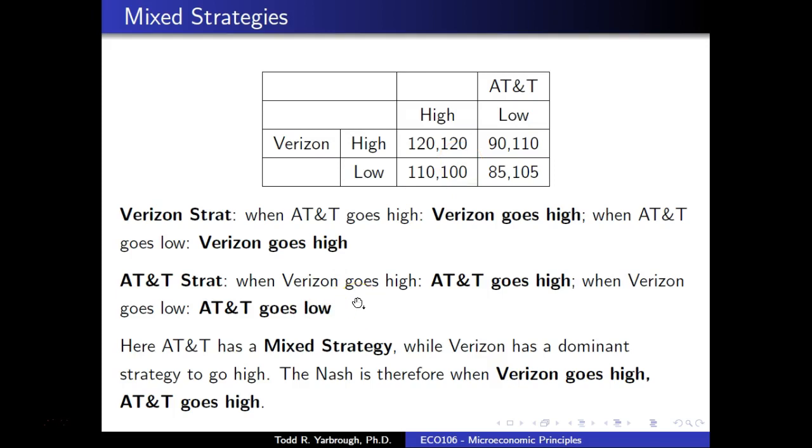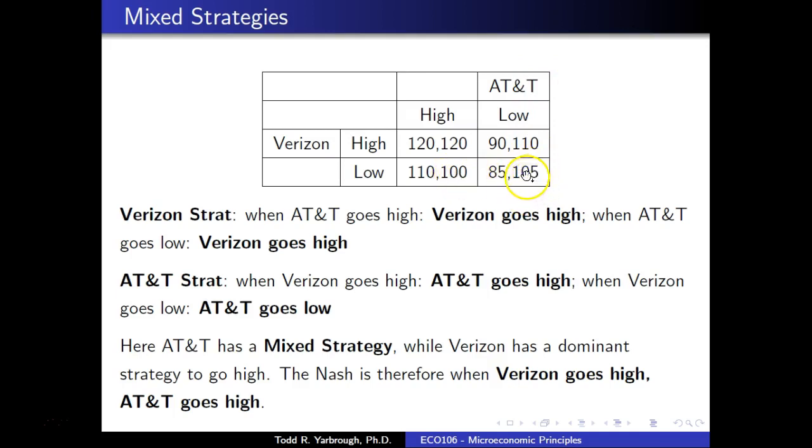Now, when we develop AT&T's strategy, we ask ourselves, well, when Verizon picks high, that puts us in these two quadrants. AT&T picks high and gets 120, picks low and gets 110. 120 is higher, so when Verizon goes high, AT&T also wants to go high. Now, when Verizon goes low, AT&T wants to go low because they can go high and get 100 or go low and get 105.